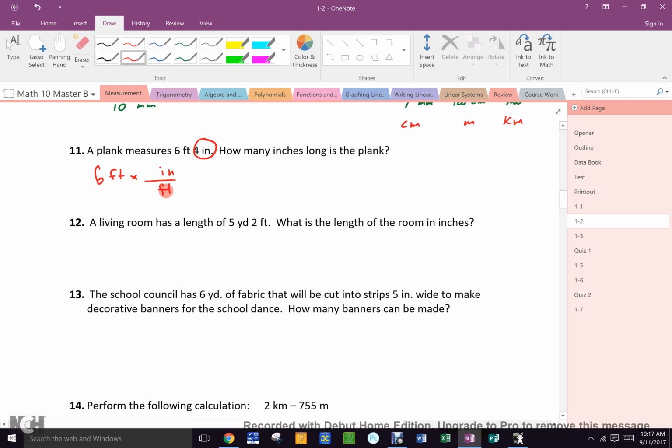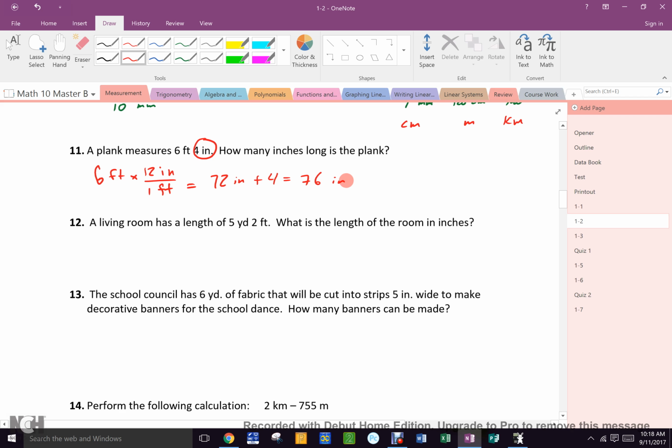Inches over feet. 12 on the bottom, so it's multiply. How are we with our 12 times table? 72. Is that the right answer? Why? Because I had this other 4 inches. So I add the 4 to get 76 inches.